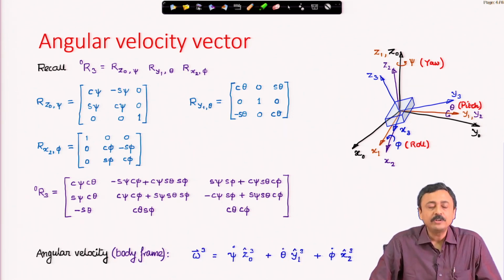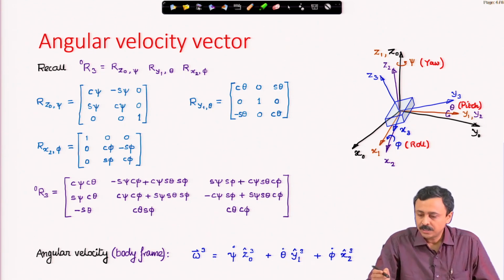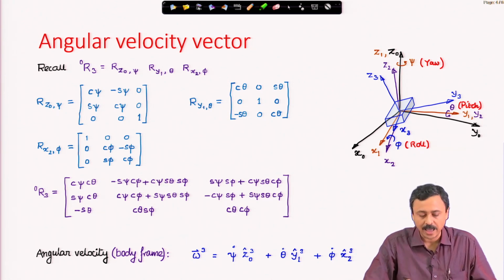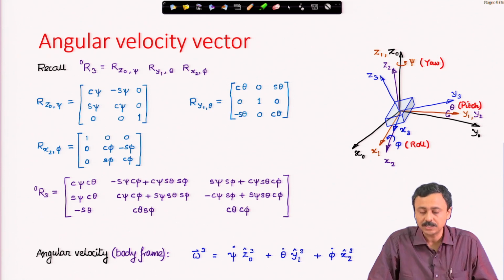Now, how do we represent the angular velocity vector of this body in its body fixed frame using the rates of yaw, pitch and roll, that means psi dot, theta dot and phi dot?